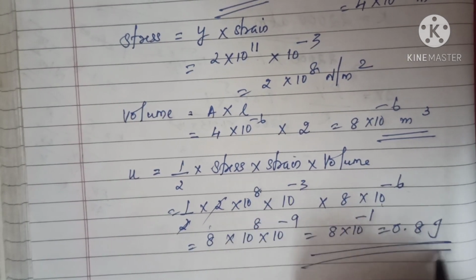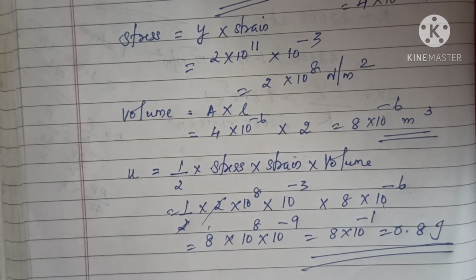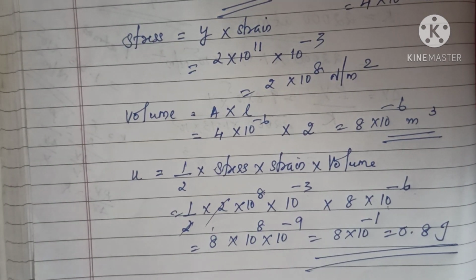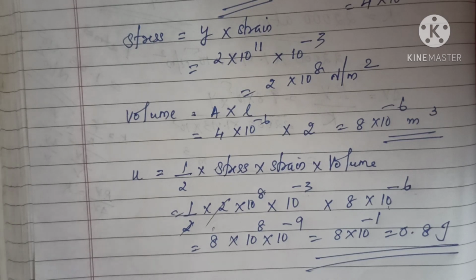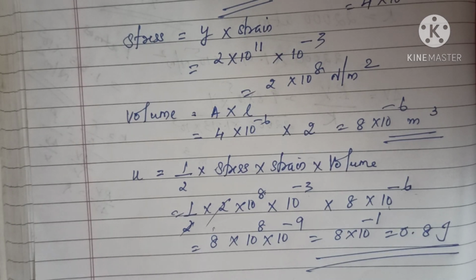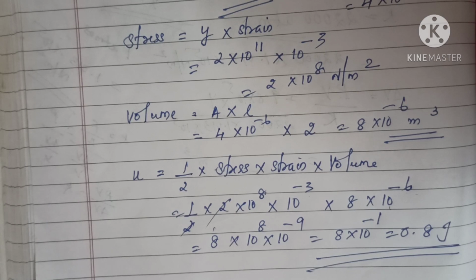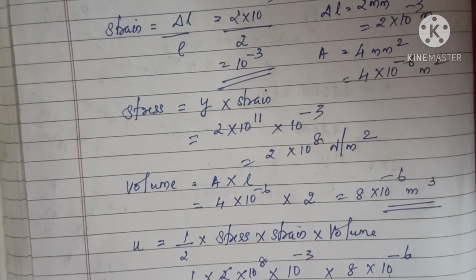So 0.8 joules. Clear? Simple question. Only thing is you have to check the data given and apply it accordingly. Use the equation properly. Just pay attention to the substitution part and then we'll move to the calculation part. I hope it is clear.